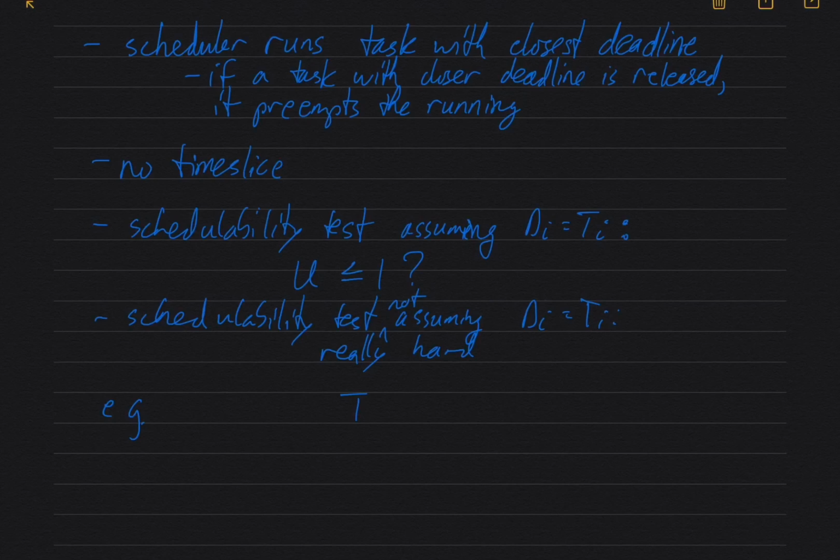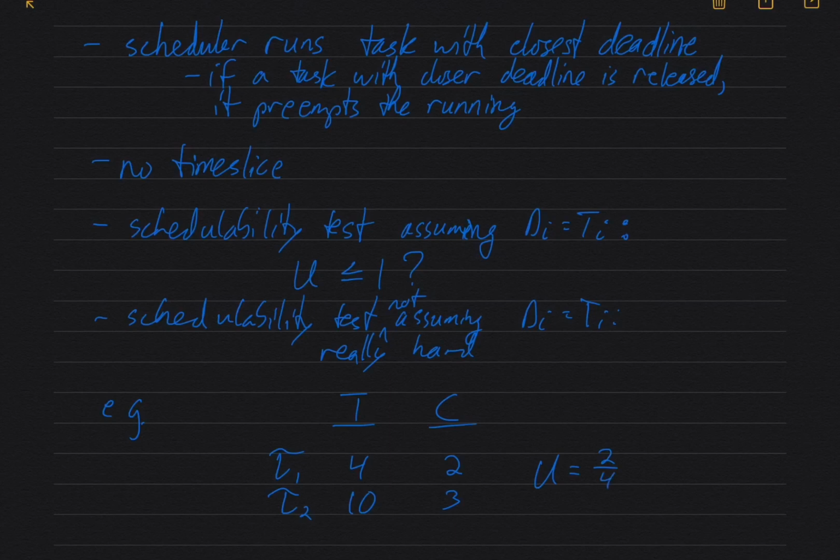So say we've got two tasks, and the first task, task 1, has a period of 4 and worst case execution time of 2, and task 2 has a period of 10, worst case execution time of 3. So we can calculate the processor utilization.